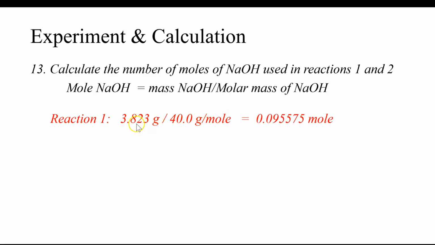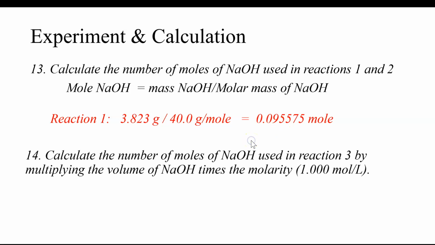For example, in my reaction 1, I used 3.823 grams of sodium hydroxide. Molar mass of sodium hydroxide is 40.0 grams. So my mole of sodium hydroxide is 0.095575 mole. And you do the same thing for reaction number 2.